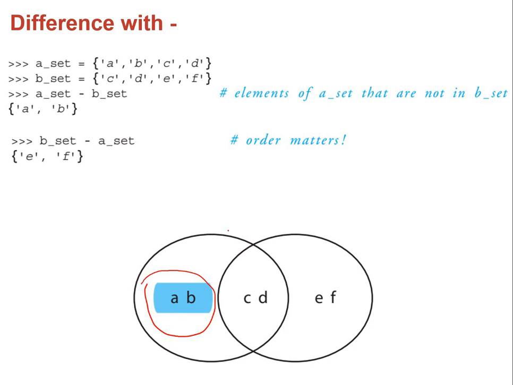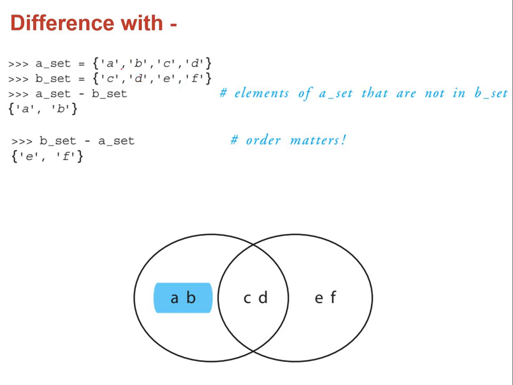Let me say it this way: the elements that are common and that belong to the other set are excluded from the difference. Only the uncommon elements of the first set are included in the difference. So you can see that A and B are the uncommon elements, and A and B don't belong to the set B also. So all of the others you get rid of, and you're left with only A and B.